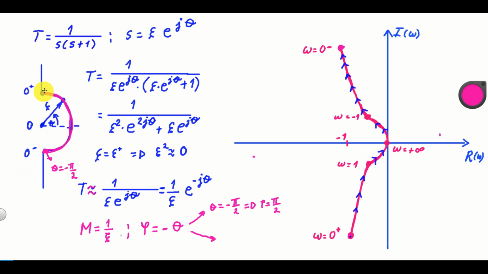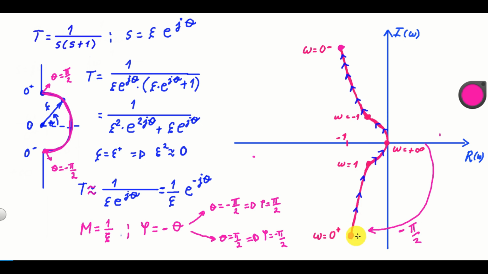For this point, theta is pi over 2. So when theta is pi over 2, we conclude that the phase is minus pi over 2. And that's precisely what's happening over here. Namely, the phase of this point is minus pi over 2.